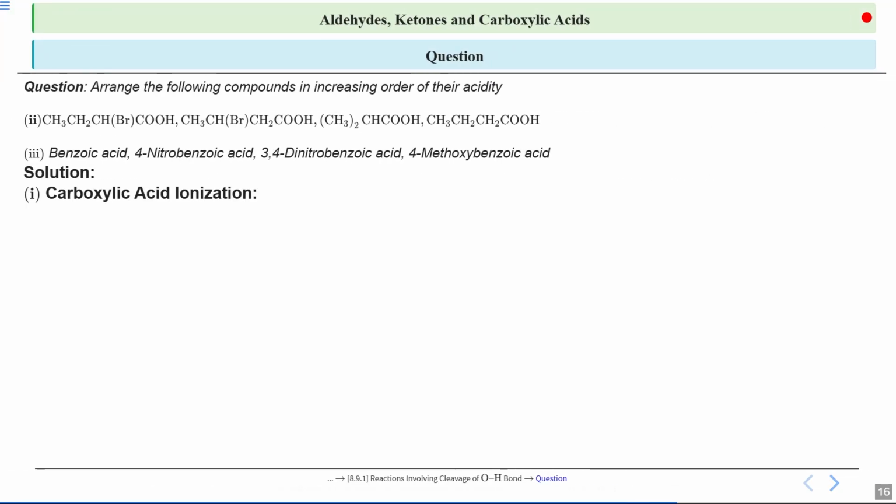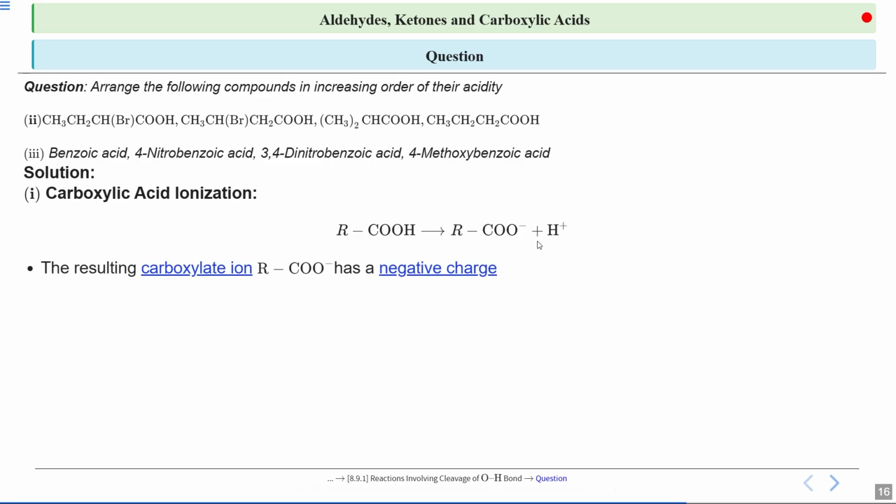First, let us see the first part. Carboxylic acid ionization: a carboxylic acid, RCOOH, loses a hydrogen ion to become a carboxylate ion, RCOO-, and H+ is released. The resulting carboxylate ion has a negative charge.